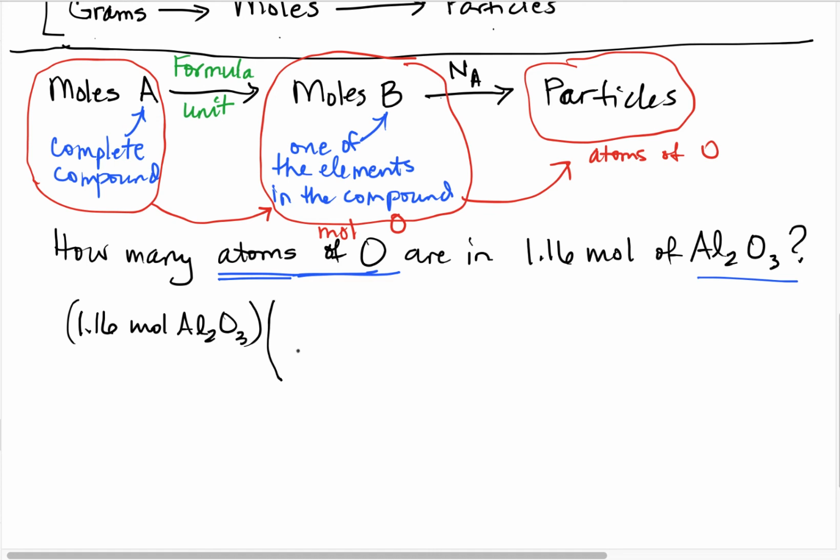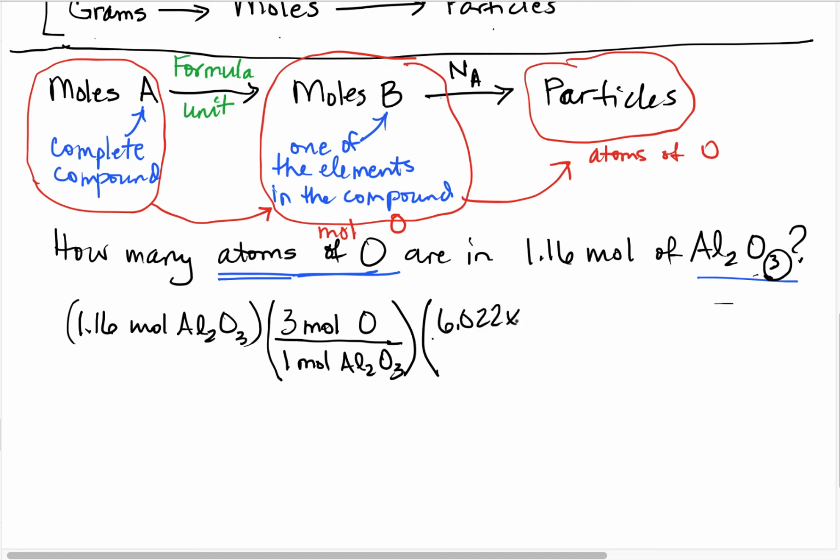So for that first step, we're going to use our relationship from the formula unit. We can see that in 1 mole of aluminum oxide, we are going to have 3 moles of oxygen. And if you want to do 2 separate steps, you can, but you can also just calculate this whole thing through. And so we have 6.022 times 10 to the 23rd atoms of oxygen in 1 mole.